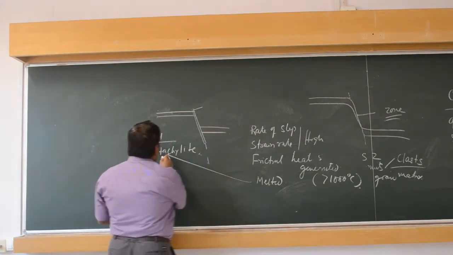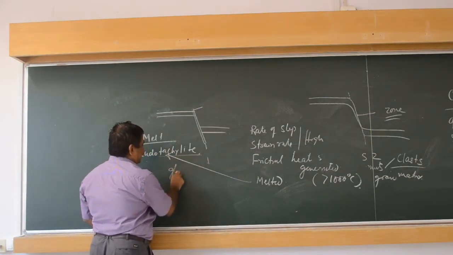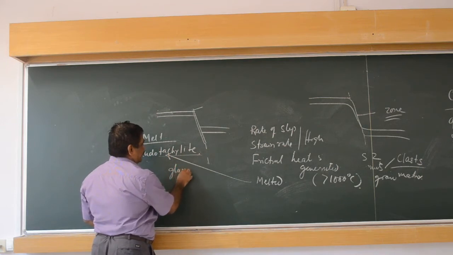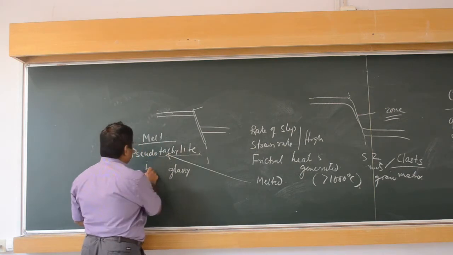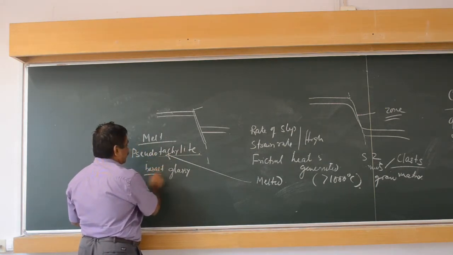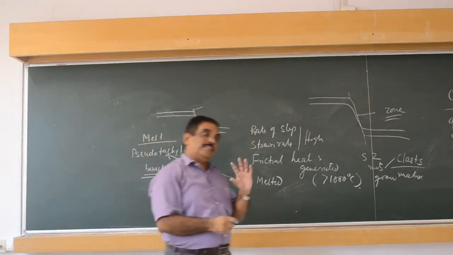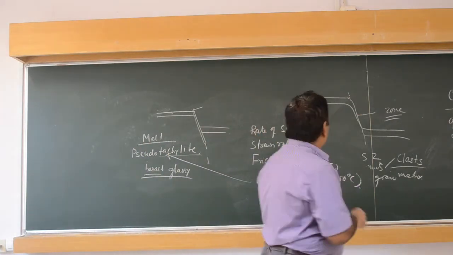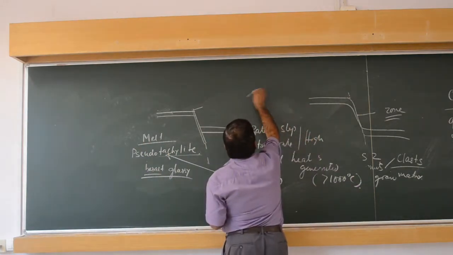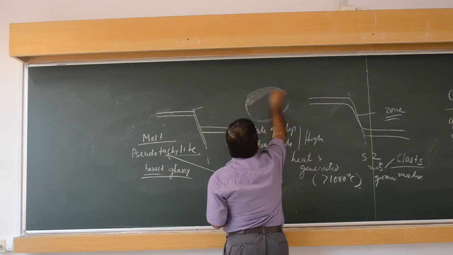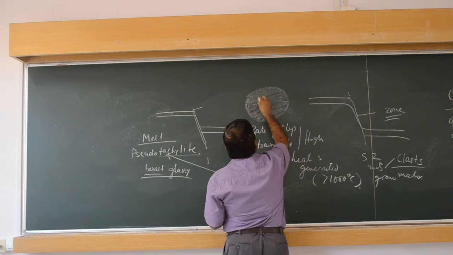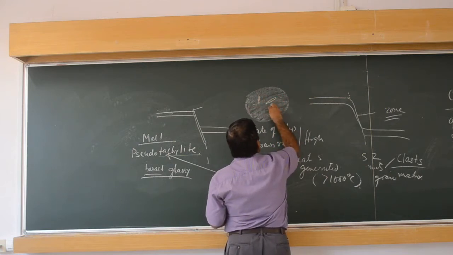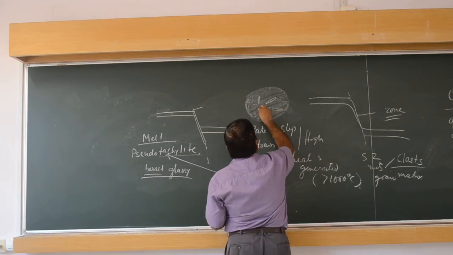What is a tachylite? Tachylite is a glassy rock. Glassy what? Basaltic glass. Dark glass. It is called tachylite. If you see a thin section, the whole thin section will look dark with small plagioclases here.